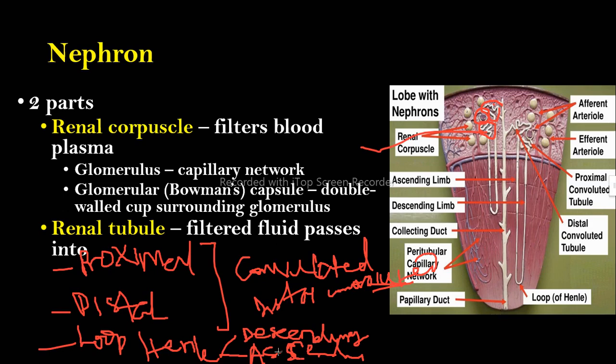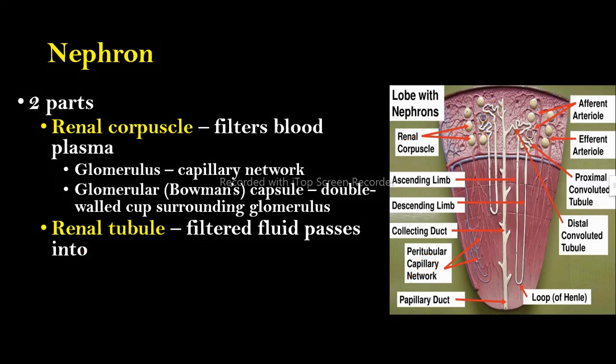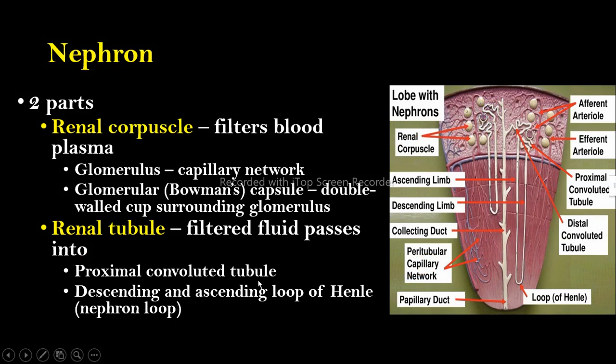So those are the three tubes that make up the nephron: the proximal, the loop of Henle with its descending and ascending limbs, and the distal.